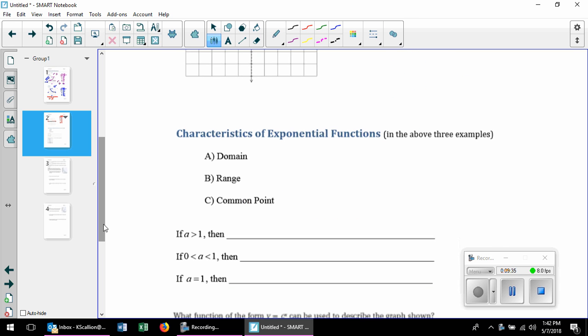Okay, characteristics of exponential functions. We'll say the first 2 examples: your 2 to the exponent x and your 1/2 to the exponent x. What's the domain on those?